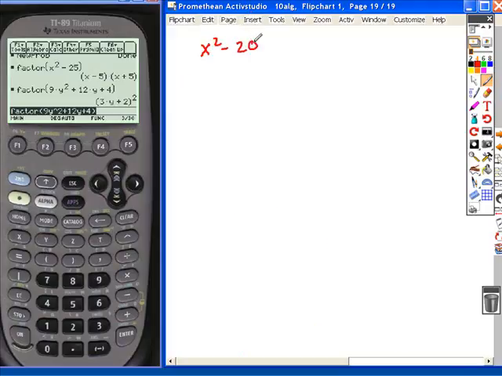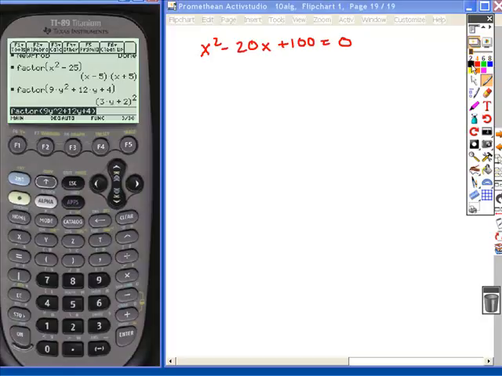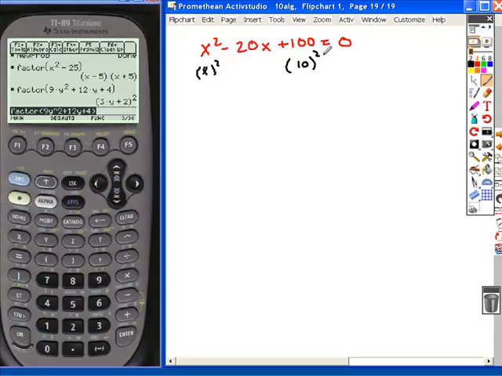If you have something that looks like this, if you recognize you have perfect squares at the front and the back, and if you take the product of these and double it, you do get this middle term. It allows you to identify this as x and 10, a binomial square. The sign between them has to be a negative because that's the sign of this middle term.